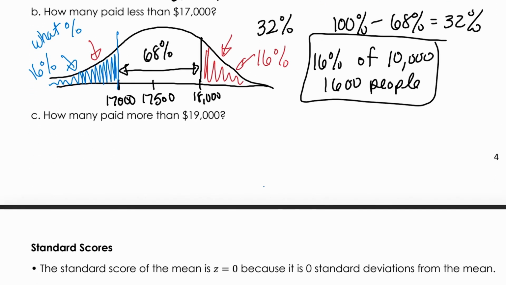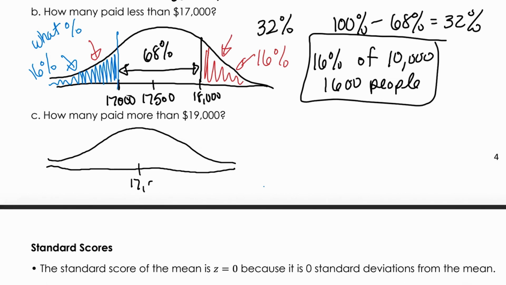Okay, last part. How many people paid more than 19,000? So if we make that bell-shaped curve, in the center we have 17,500. In order to get to 19,000, I have to go out 3 standard deviations because each standard deviation represents 500.